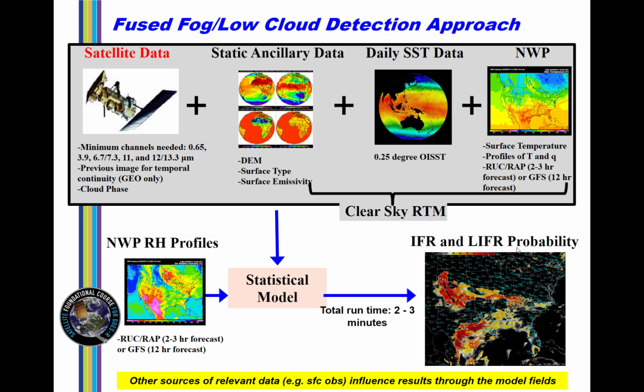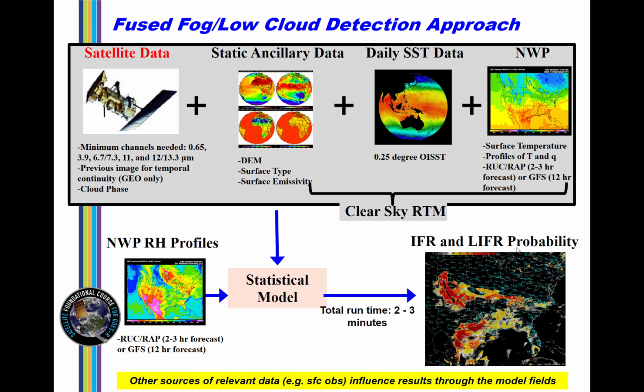If the satellite cannot view low clouds because cirrus is in the way, for example, IFR probability can still be correctly large because the model says low-level saturation is present. If the satellite-detected stratus deck is elevated off the surface, IFR probability can still be correctly smaller because the rapid refresh will not show low-level saturation.